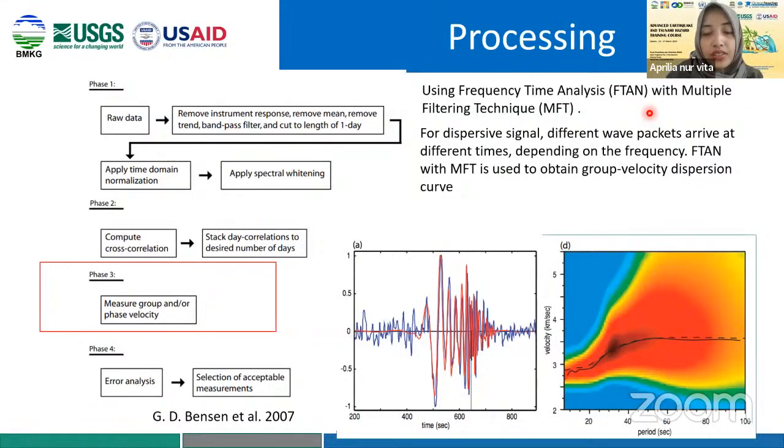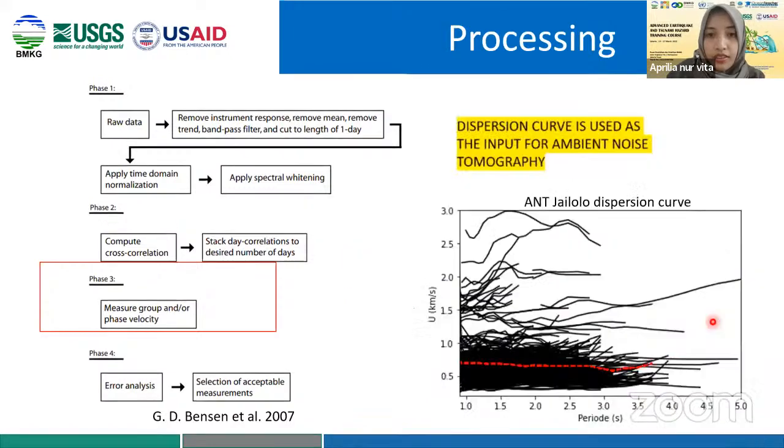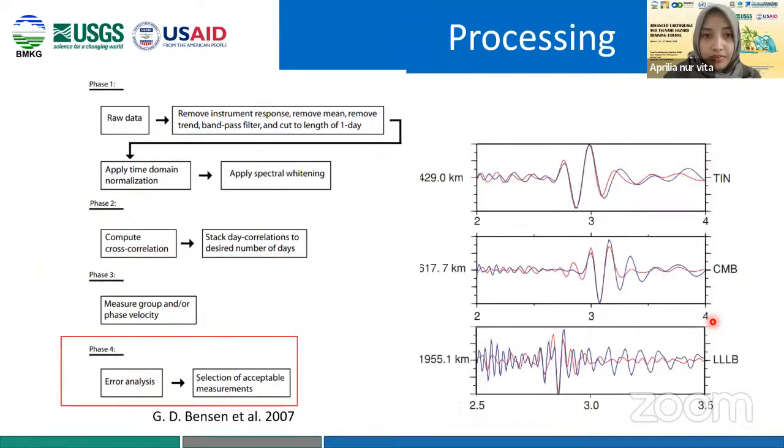So frequency-time analysis with the multi-filtering technique is used to obtain the group velocity dispersion curve. This is the dispersion curve between two station pairs, and this dispersion curve is used as the input for ambient noise tomography.